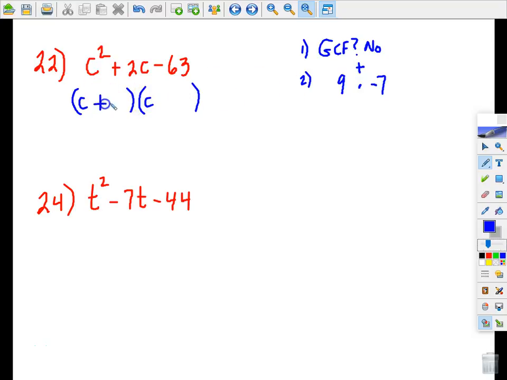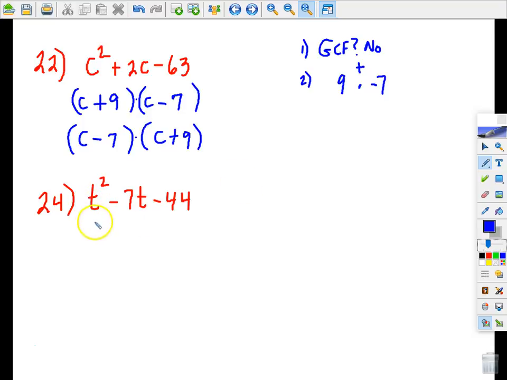I'm going to have positive 9, or plus 9, and minus 7. And once again, if you already did this problem, if you turn these around like this, that's certainly okay, because multiplication is commutative, meaning that we can change the order of these factors and we will get the same result.